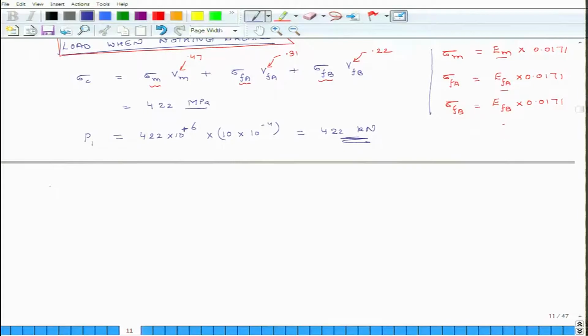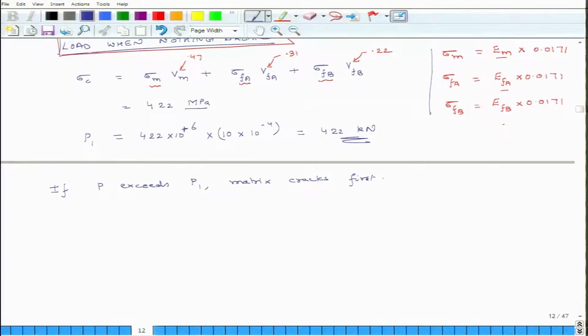Okay. So if P exceeds P1, matrix cracks first. It depends how. Okay.